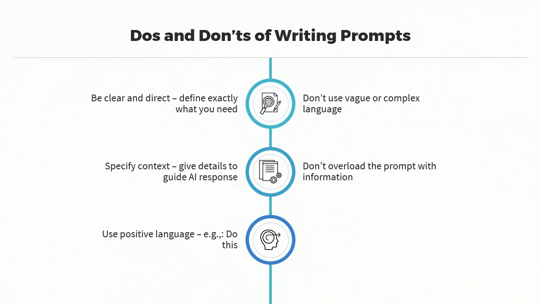Lastly, use positive language. Clearly telling the AI what you want it to do is more effective. Avoid using too much negative language, like telling it what not to do. Negative phrasing can lead to confusion and might cause the AI to misinterpret your intentions. By following these guidelines, you can create prompts that are precise, effective, and aligned with your goals.